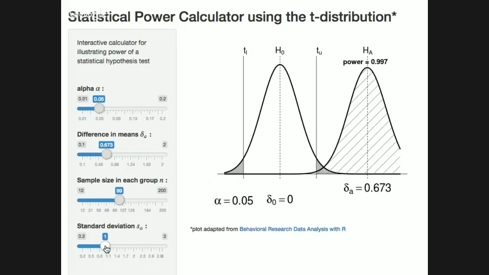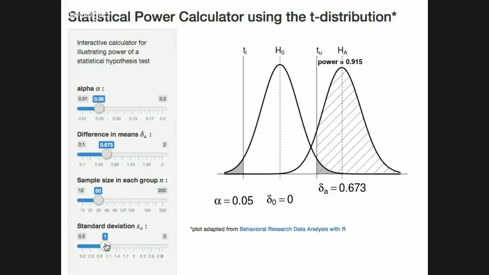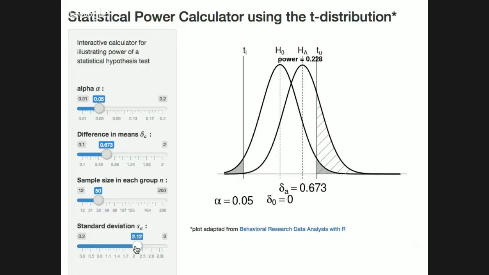Okay, and finally, if our standard deviation increases, what happens to the sampling distributions under both the null and alternative hypotheses? They become broader. Yes, so the power will decrease as there is more overlap, down to a power of 0.228.